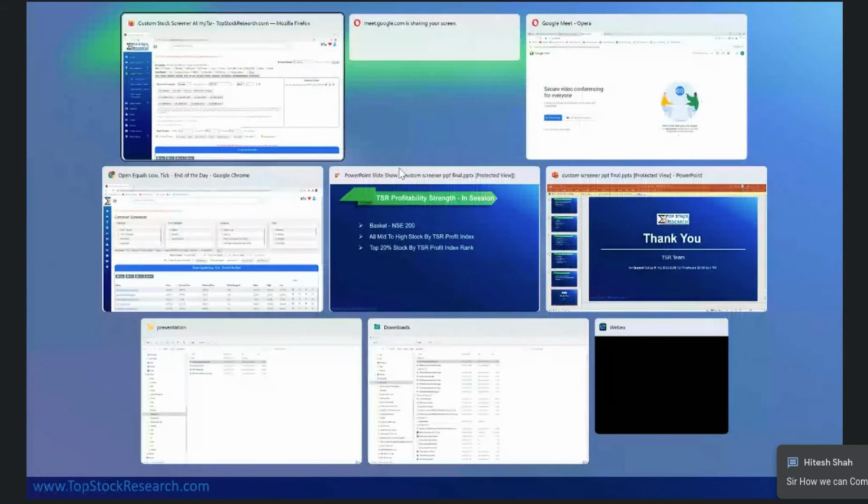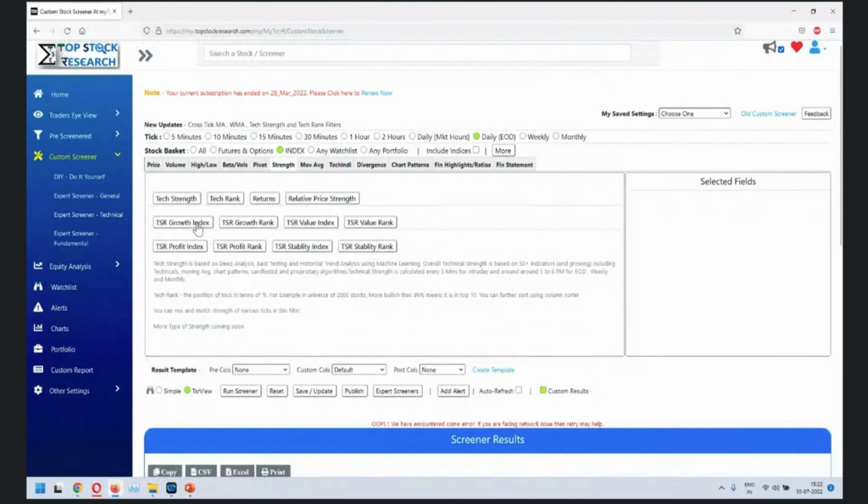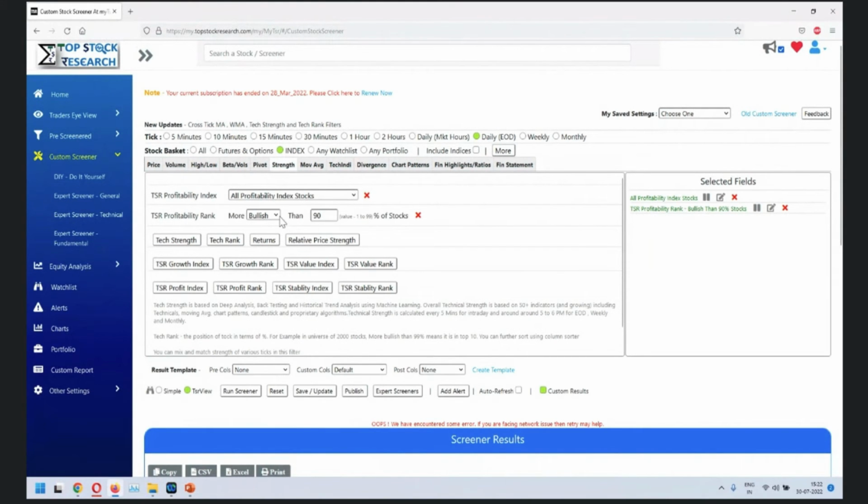So let's reset this one. We choose profitability index, all profitable. Plus we want better than top 80%. Right? So all profitable stocks and which are definitely in top 20%.